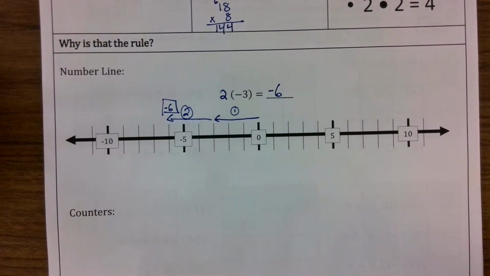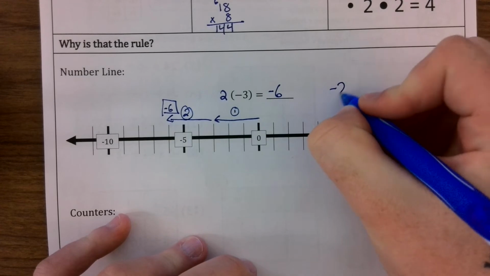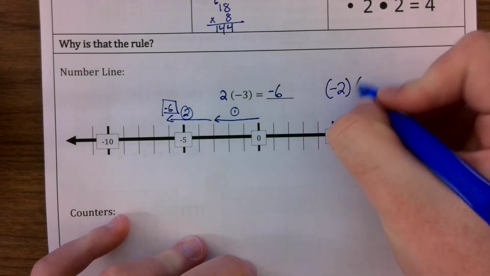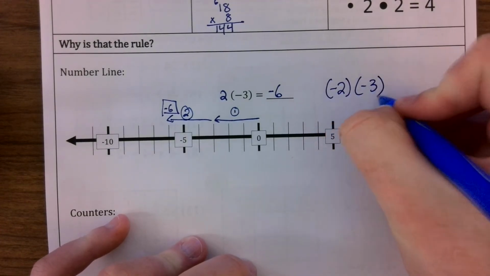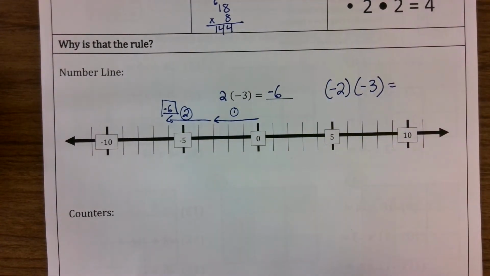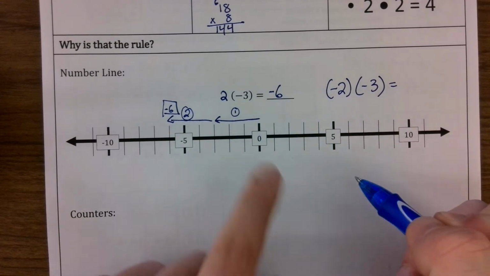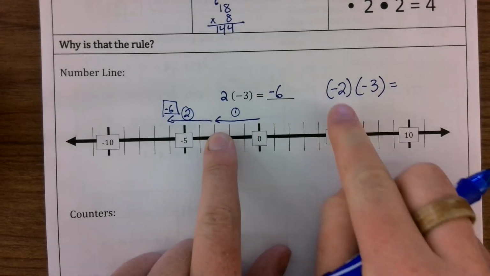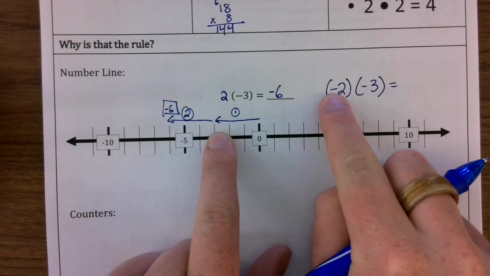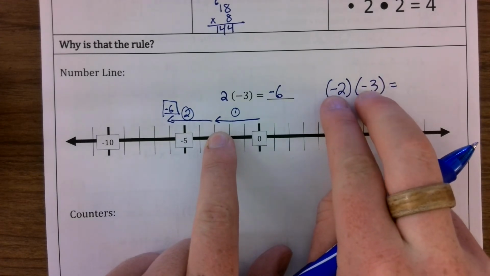But now, how does that work if they're both negative numbers? So let's look at negative 2 times negative 3. Now I have negative 3, negative 2 times. Normally, negative 3 would go this way, but because this negative tells us to turn around, think about it, double negatives cancel each other out.